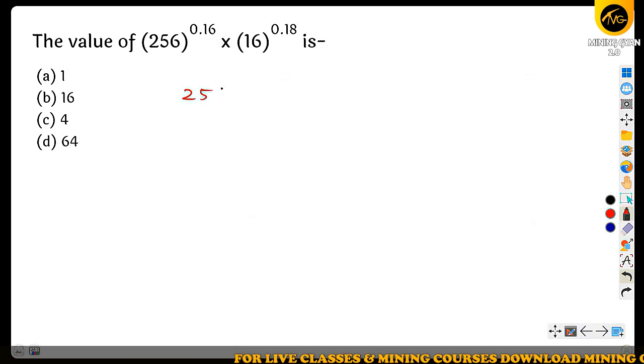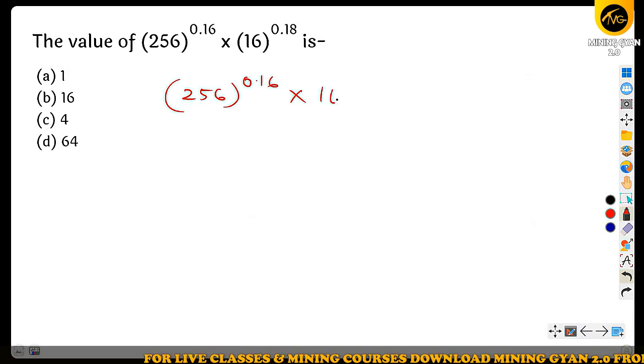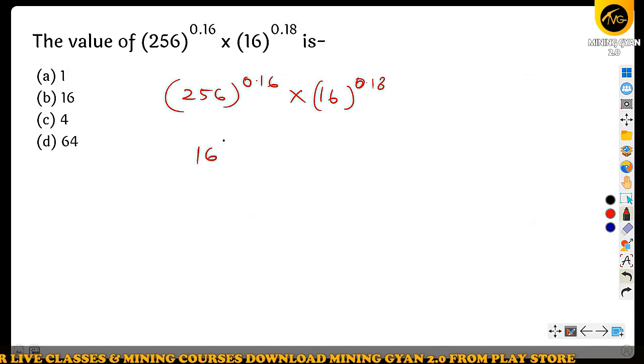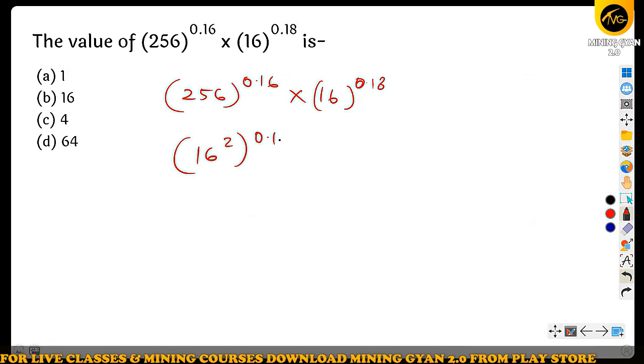Now 256 power 0.16 multiply 16 power 0.18. We already know what 256 is. This is the square of 16. That means we can write 16 square and whole power 0.16.